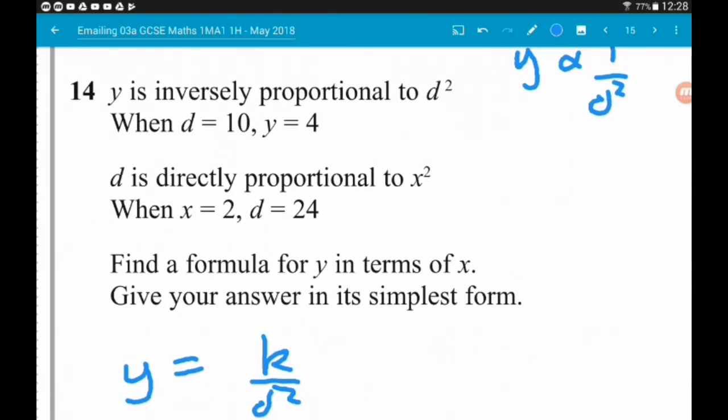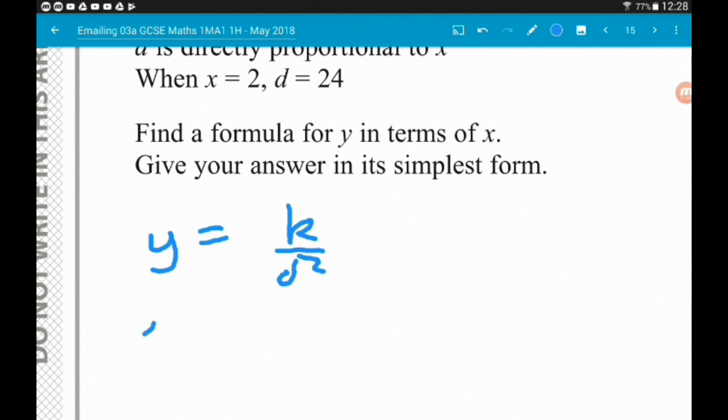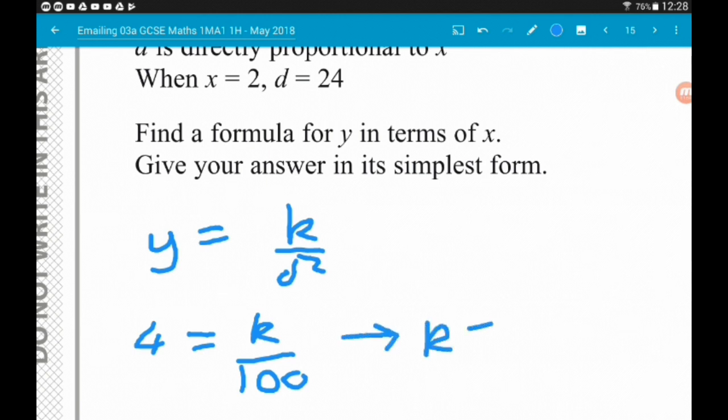So when d is 10, y is 4. So we get 4 is equal to k over 10 squared, which is 100. So that tells us k is equal to 400.